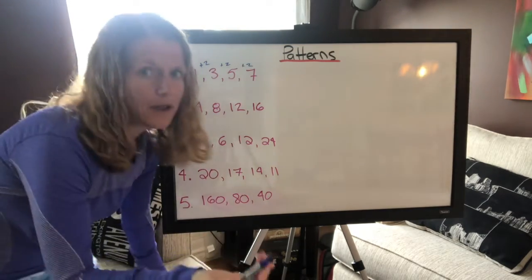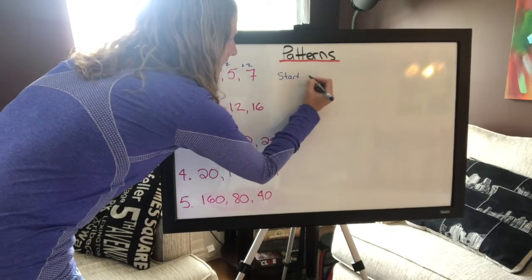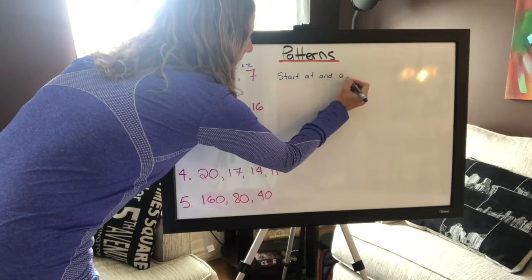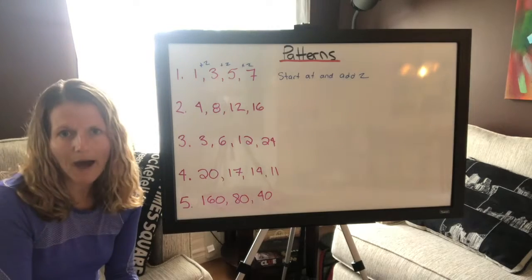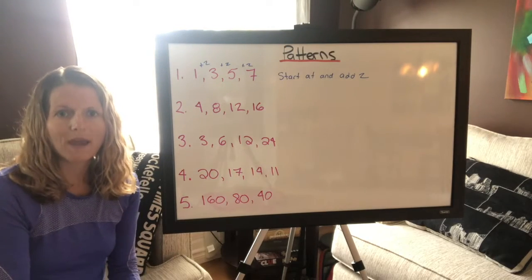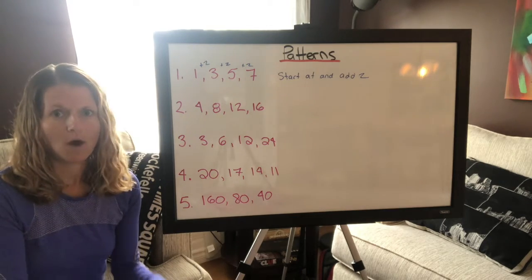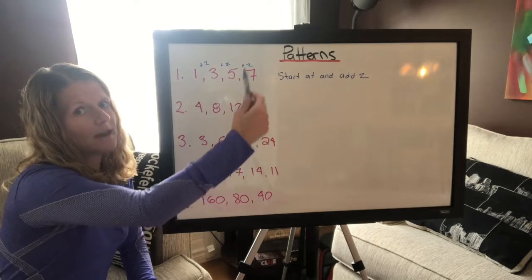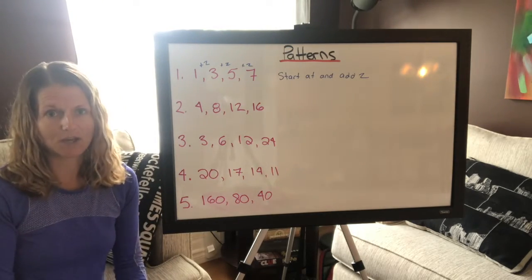So the pattern rule for this one would be start at 1 and add 2. When we know the pattern rule, we can predict what the next number is going to be. We know that it's add 2, so the next number would be 9, and then 11, and then 13.